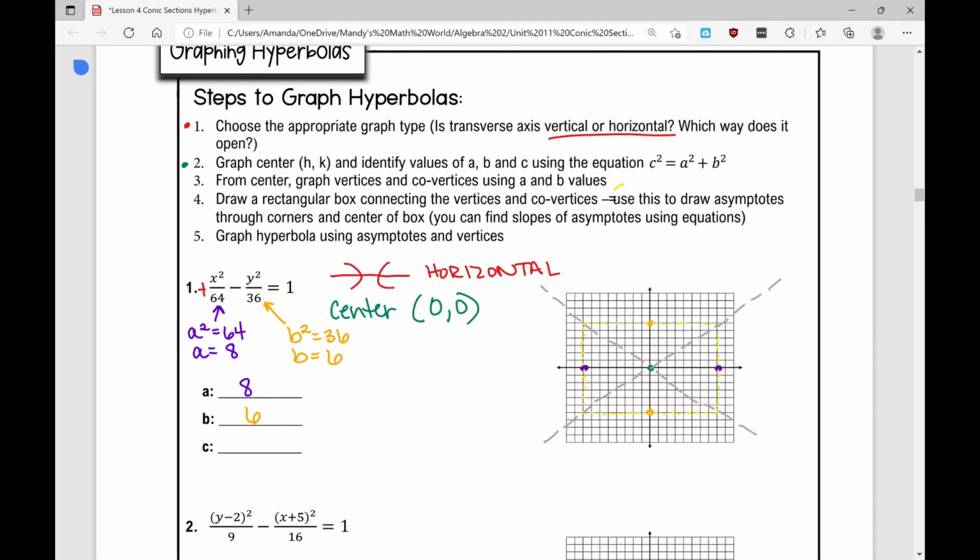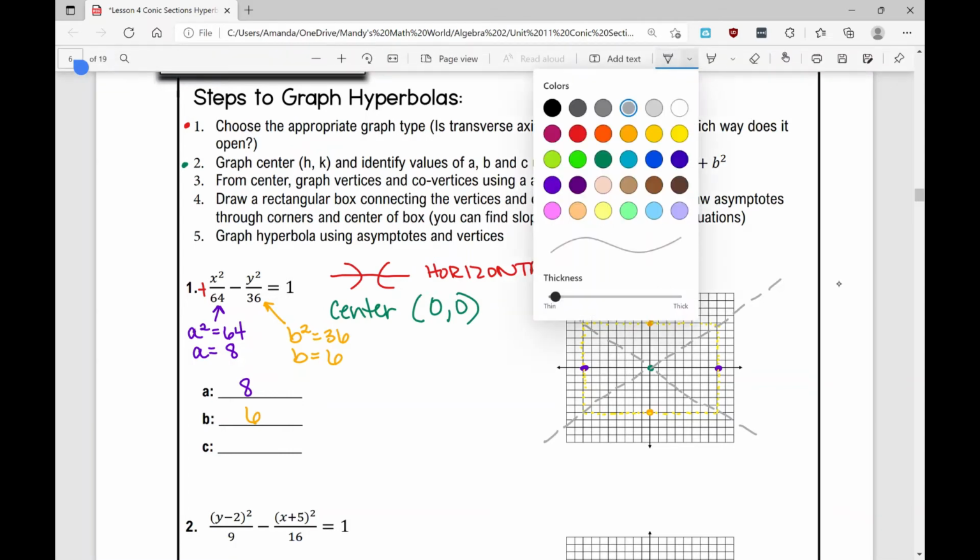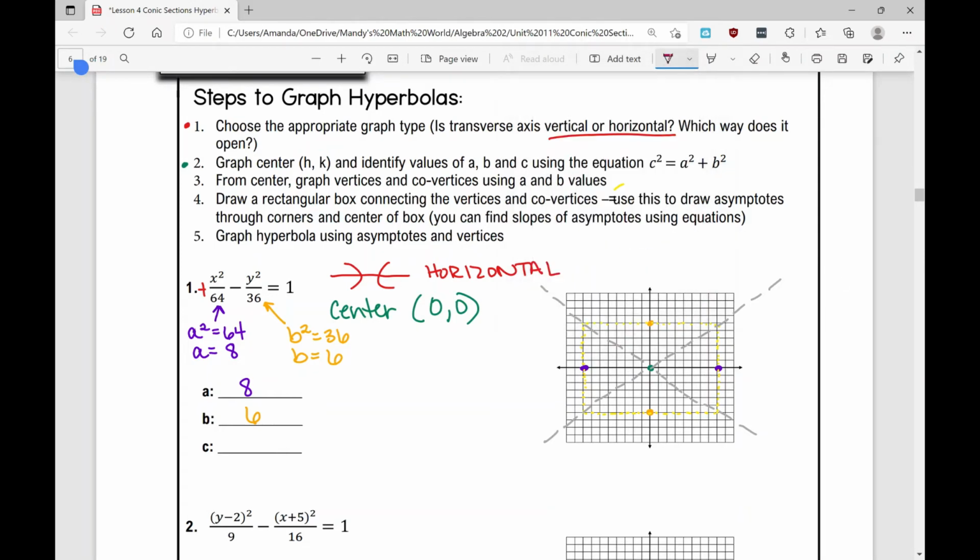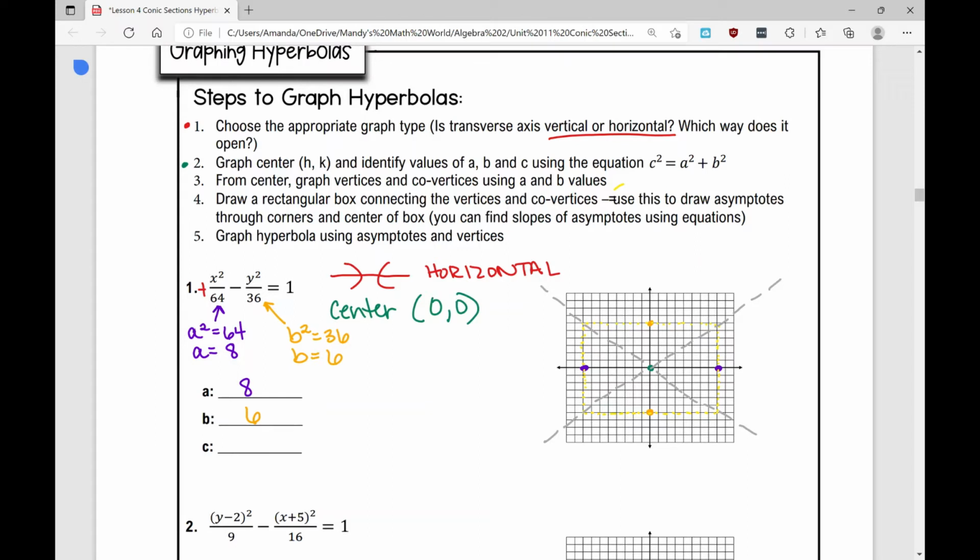You can find it using the equation. Students typically have a lot of problems with this, especially on day one, so this is a really good method to find where your asymptotes are. If you really want the equation for the asymptote, it's y equals positive or negative b over a.